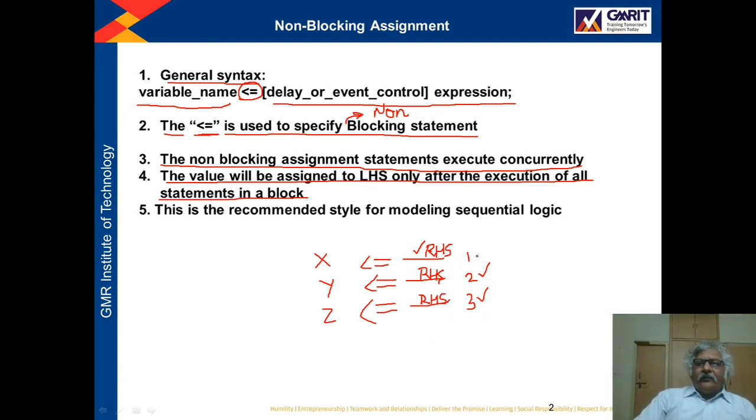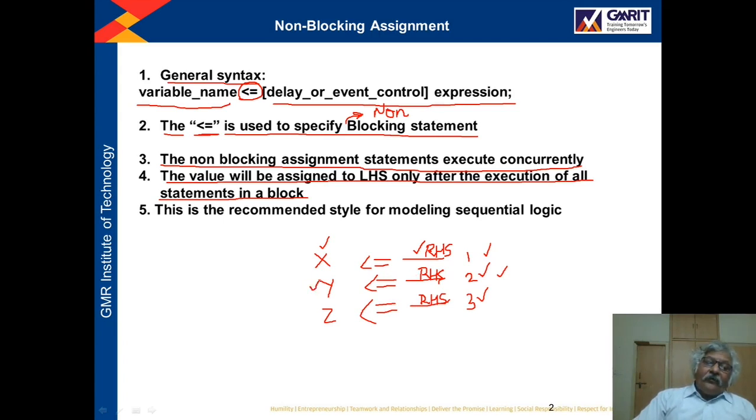Now, if suppose these are blocking statements, then what will happen? First statement 1 executes and the value is assigned to target signal x. After that only statement 2 will be executed, and when statement 2 is executed, at that time the right hand side expression value is evaluated, and that evaluated value will be assigned to y.